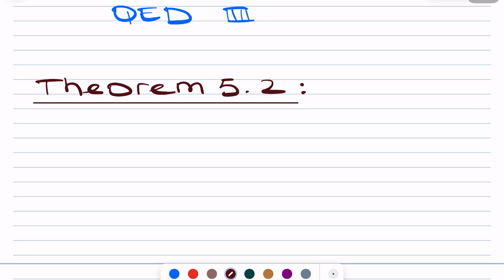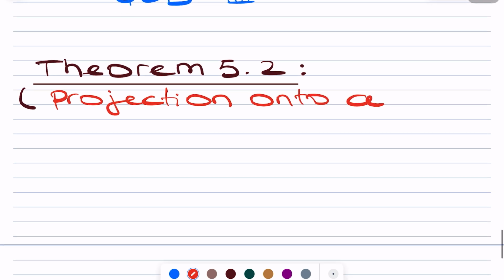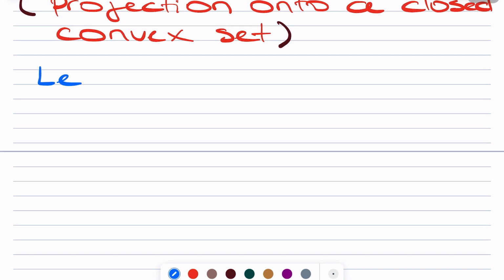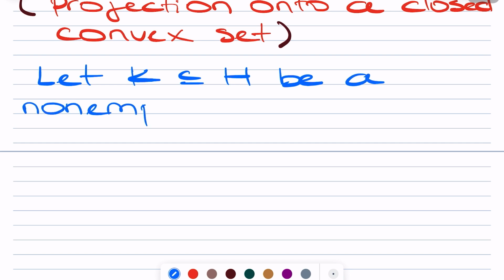So this is projection onto a closed convex set. Let K be a non-empty, closed and convex set.